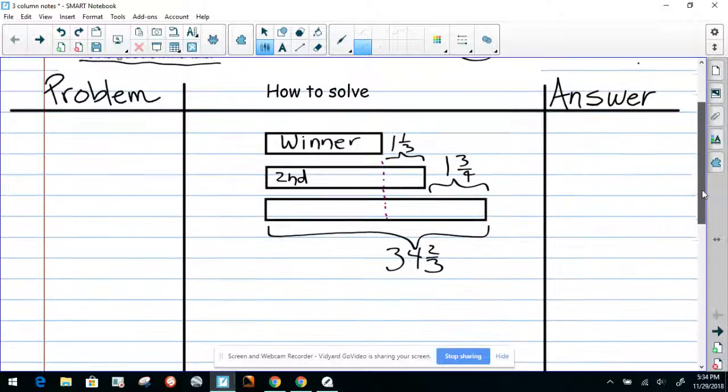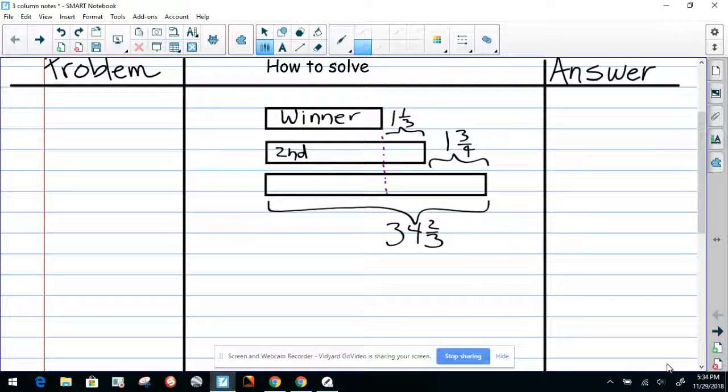All right, so let's do that. How do we do that? First, we're going to subtract 34 and 2/3 minus 1 3/4, so we can find the time of the second place.